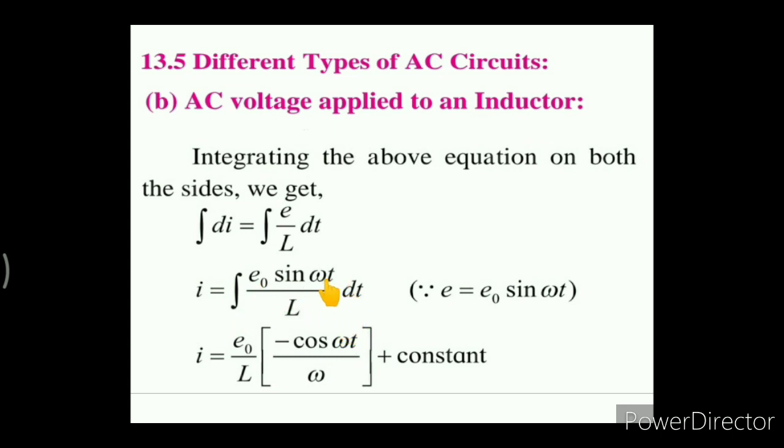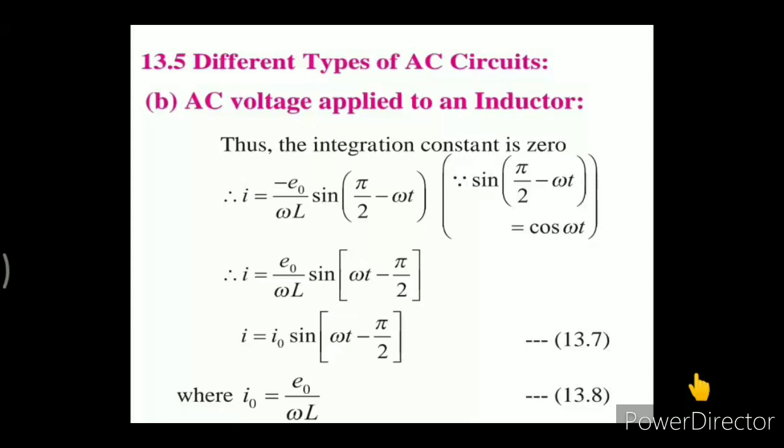When we are taking the integration of sin omega t dt, we are getting the value as minus cos omega t upon omega. And whenever we are taking the integration, a constant value comes in our equation. So we are getting I is equal to E0 upon L in bracket minus cos omega t upon omega plus constant.